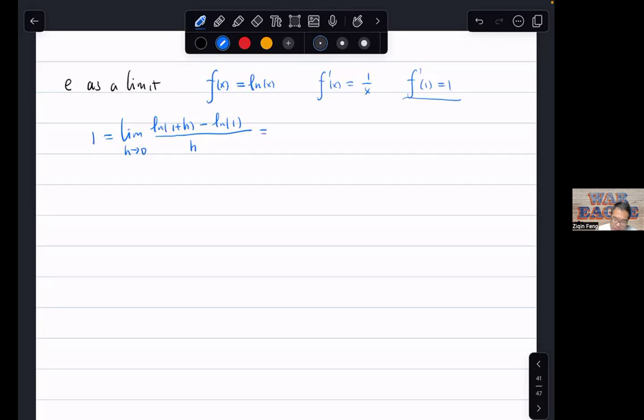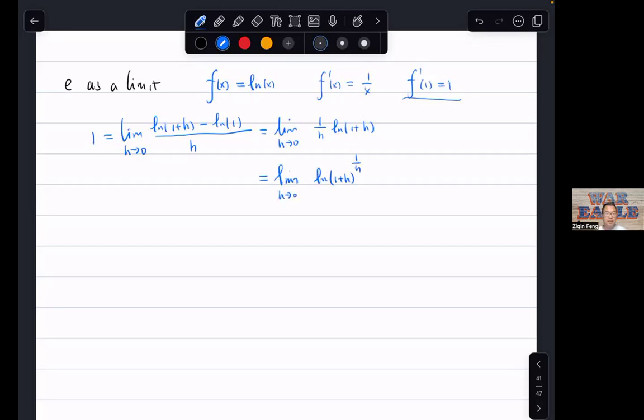So this is basically the same as the limit as h goes to 0 of 1 over h times natural log of 1 plus h. Rewrite it a little bit. This is the same as the limit as h goes to 0 of natural log of (1 plus h) to the power 1 over h, right?